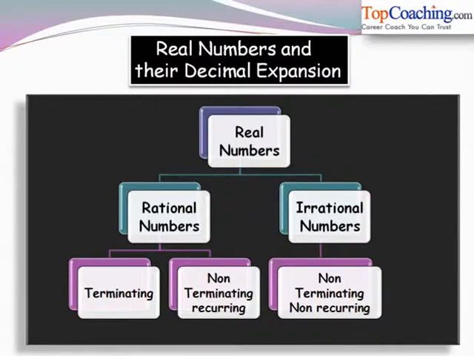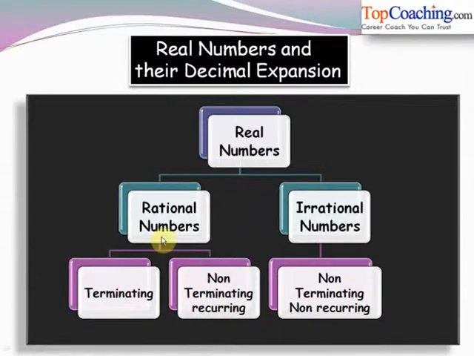And on the other hand, the numbers which cannot be represented in such a way as the rational numbers are known as irrational numbers. Now when we look at the decimal expansion or the decimal representation of rational numbers and irrational numbers, the striking feature is that the decimal representation of rational numbers can be either terminating or non-terminating recurring.